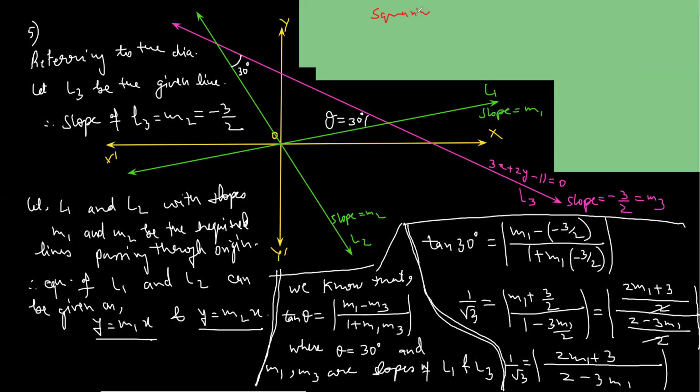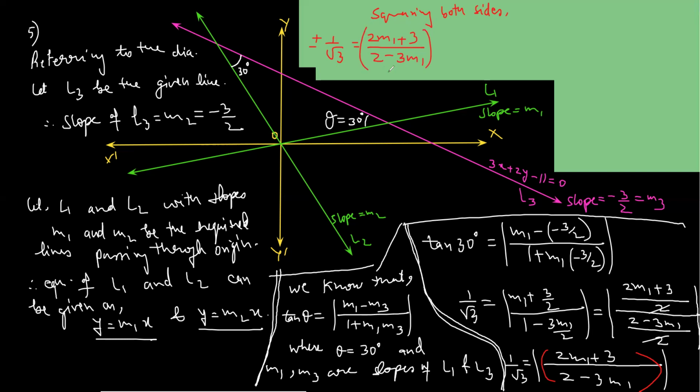Actually, I tell you what, you remove that mod. When you remove the mod, on the other side you will get plus minus. So plus minus 1 upon root 3 equals 2m1 plus 3 upon 2 minus 3m1.